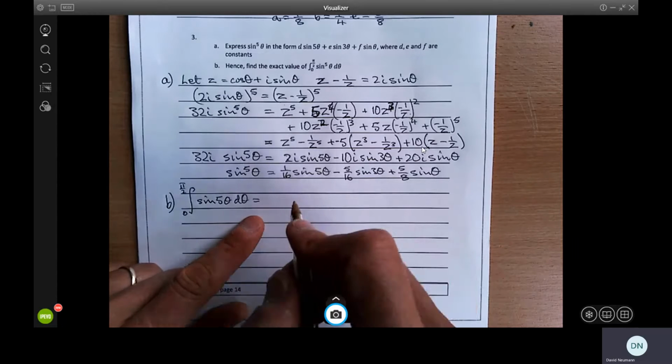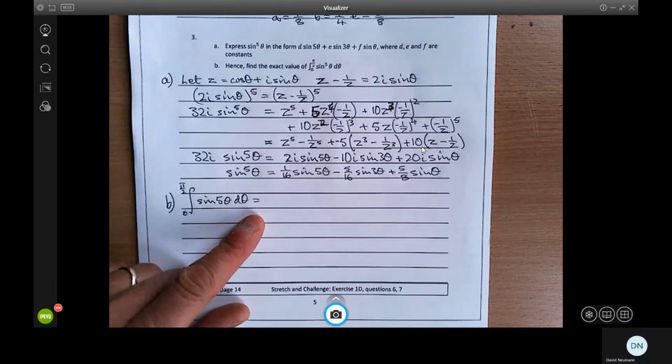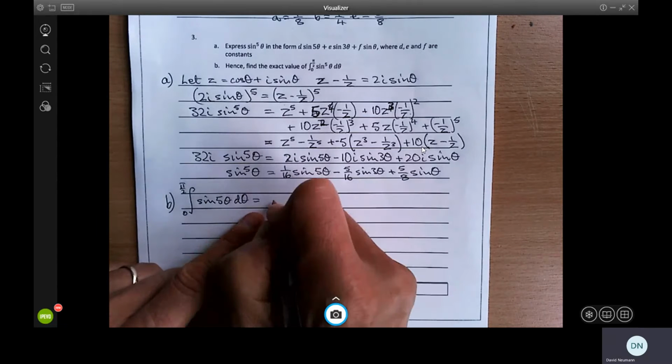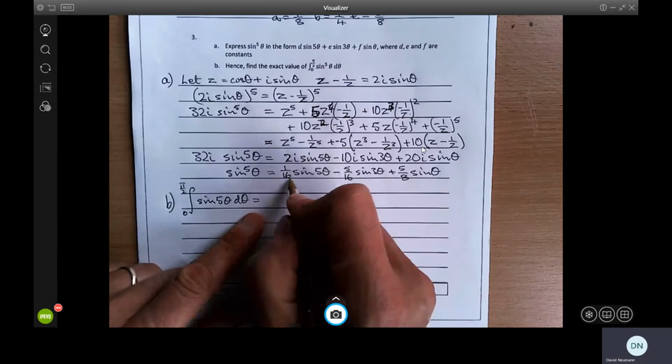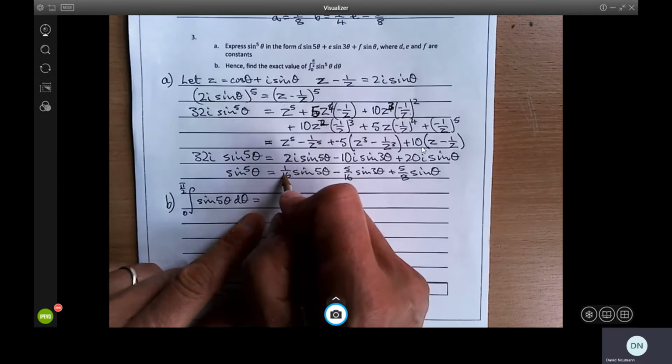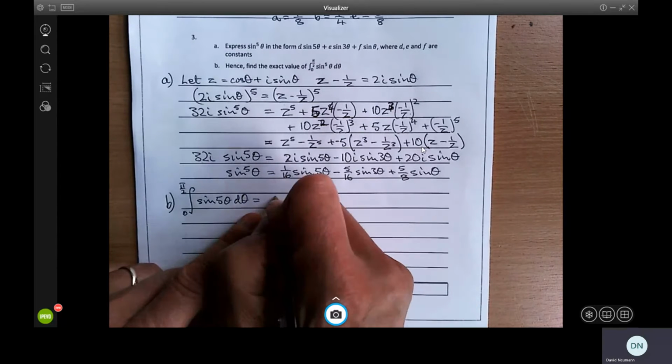So I'm going to say that that is, well, we're going to get, let's take out a factor of 1 over 16. Actually, it's easier to take out a factor of 1 over 32.